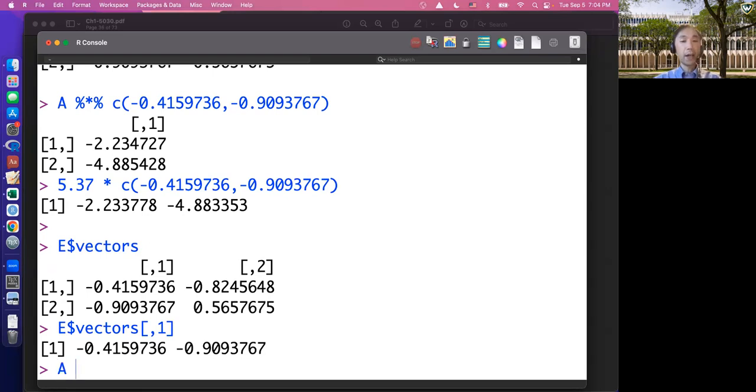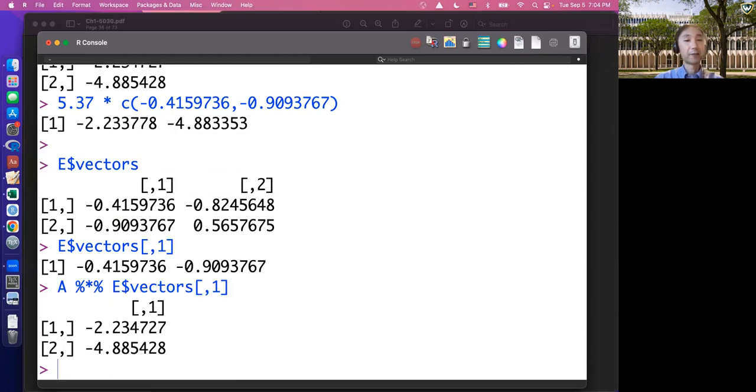So to multiply A by this eigenvector, you can just type this. Then you don't really have to type numbers again. Then you can verify the result. If this is too lengthy, you can rename this as, for example, X. Yeah, so this vector is just 5.37 times larger than this vector.